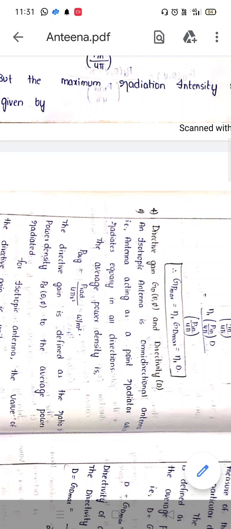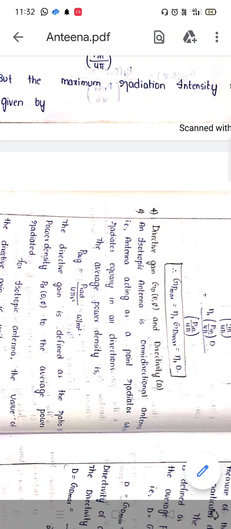An isotropic antenna, as I already discussed, is an antenna whose radiation is distributed equally in all directions. The radiation pattern formed is a sphere, which acts as a point source.